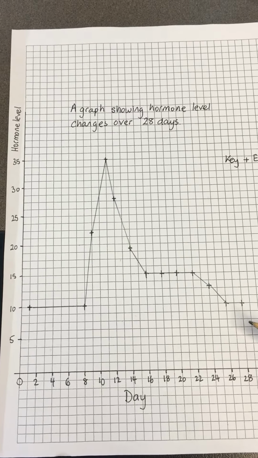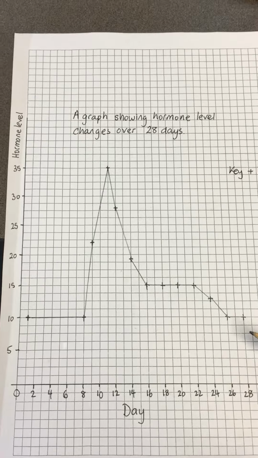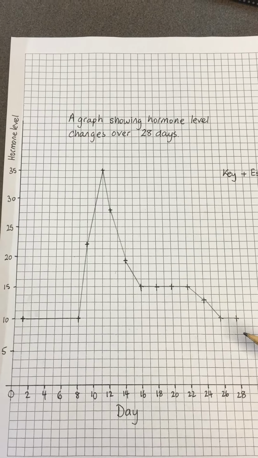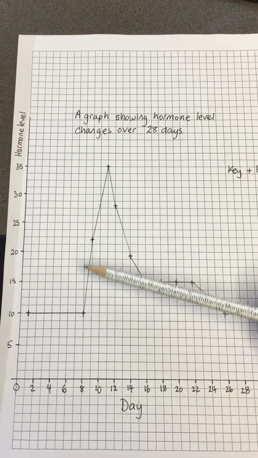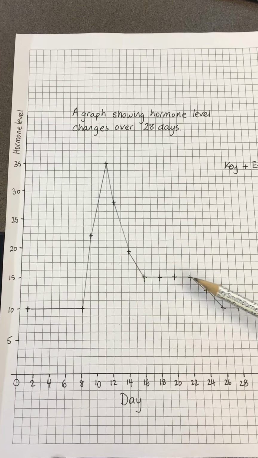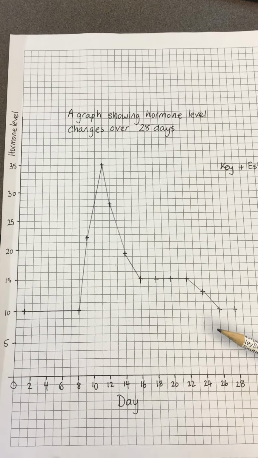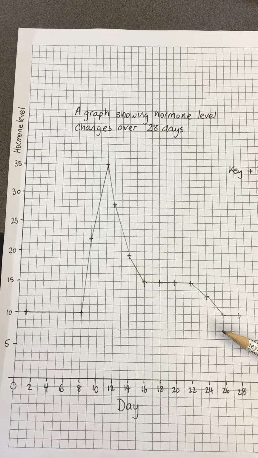So I've joined this graph dot to dot. You could also choose to do a smooth curve, but I decided to go dot to dot. I felt that was a neater way on this graph, but a smooth curve would work too.